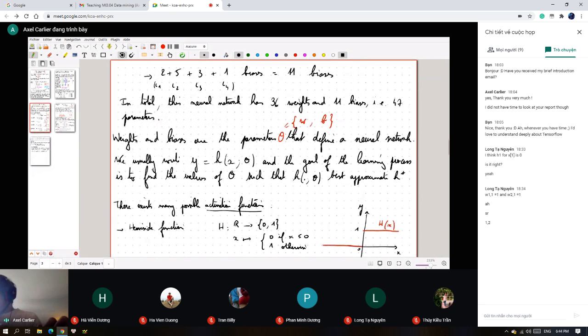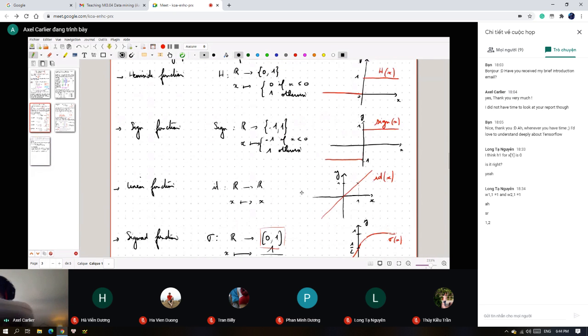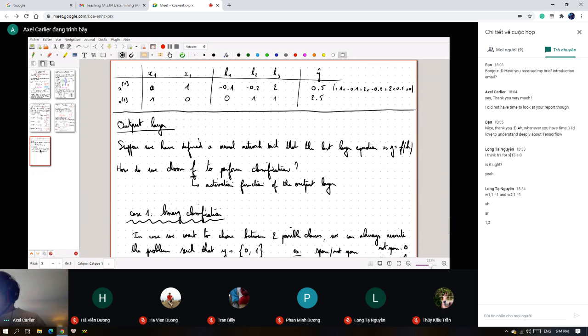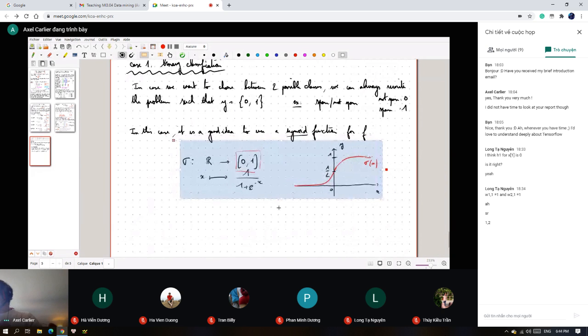Let me try something. Would be very nice if I could just select this. Oh, magnificent. I don't need to rewrite it. This way I'm going quicker. Okay, so this is the sigmoid.